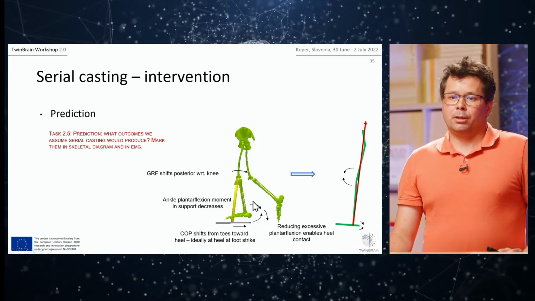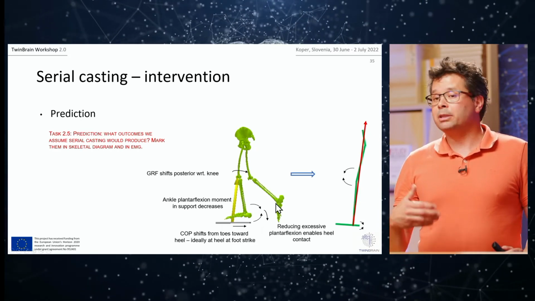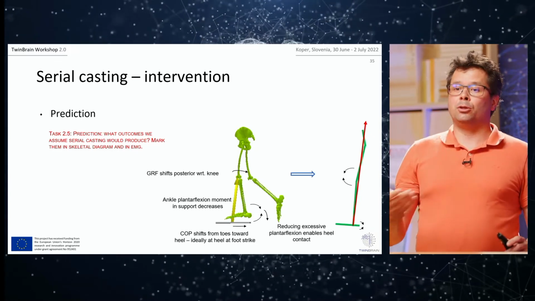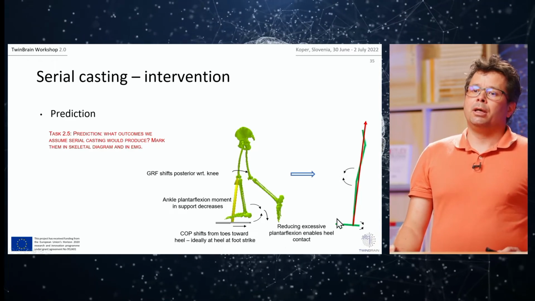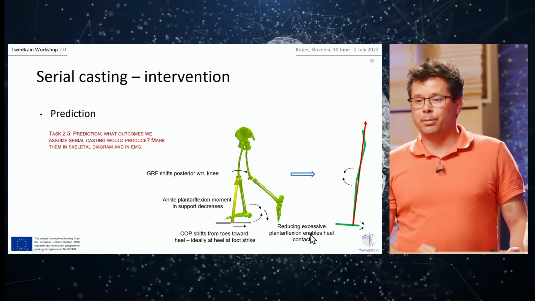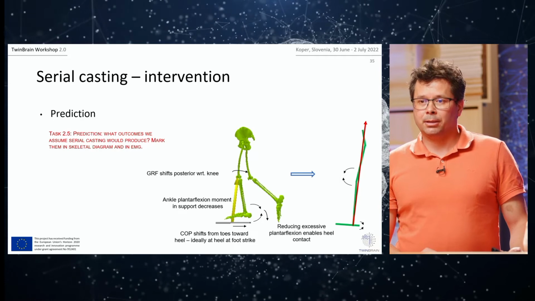We would then expect that the plantar flexion would no longer be so excessive, so the ankle would shift towards dorsiflexion. If this is true, then the first peak that was previously present in the ankle plantar flexor moment would no longer be present.